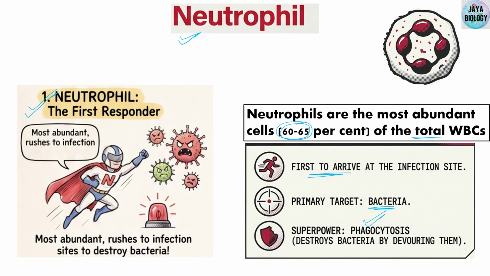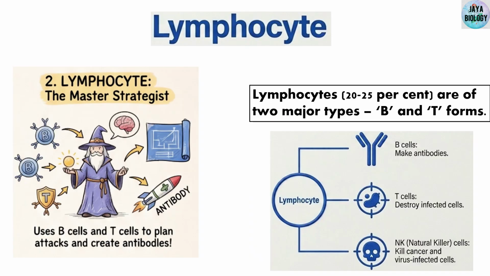Then lymphocyte is the one who is, you can say, making a strategy. It will make strategy because it has to decide whether T cell directly destroys, or if they want to keep the memory of this encounter, then they will make the antibodies through B cell.